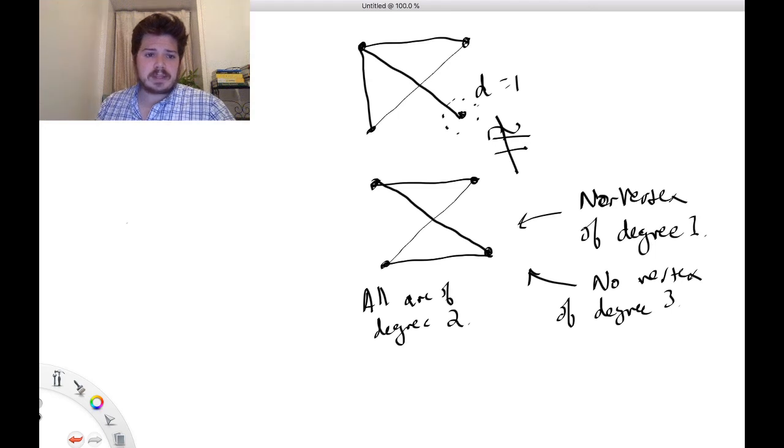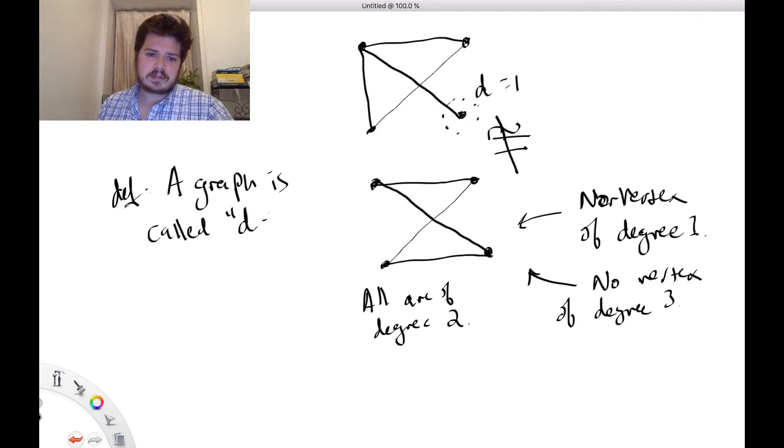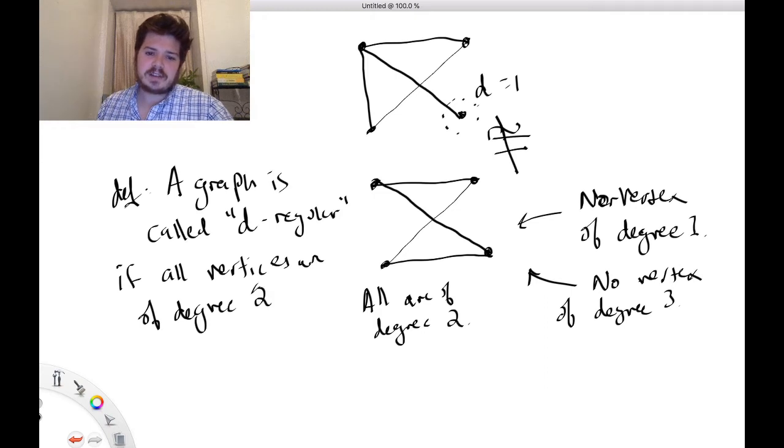So by the way, we might talk about this later, but a graph is called regular, or really d-regular, if all vertices are of degree D. So this one is 2-regular.